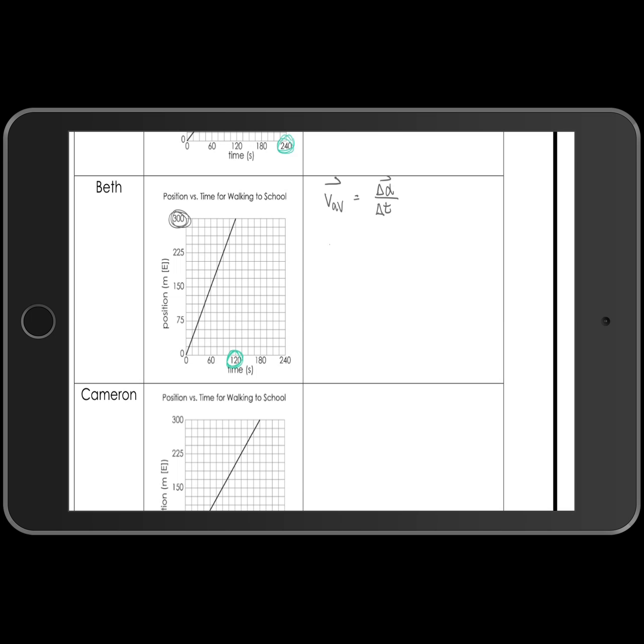So plugging in our information, it's 300 meters east over the time of 120 seconds. When we divide it out, our average velocity comes out to be 2.5 meters per second east.